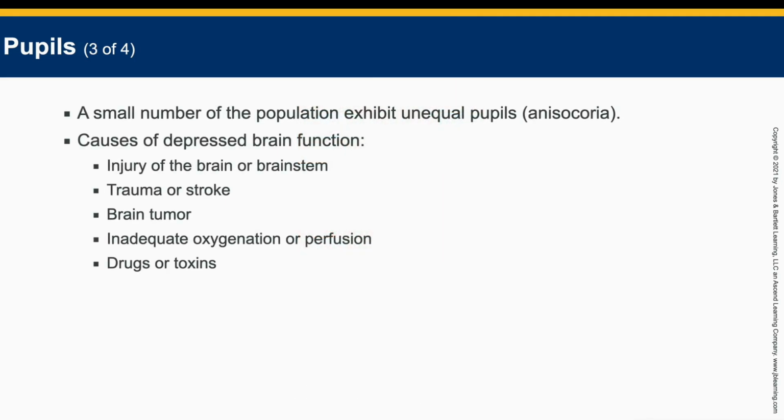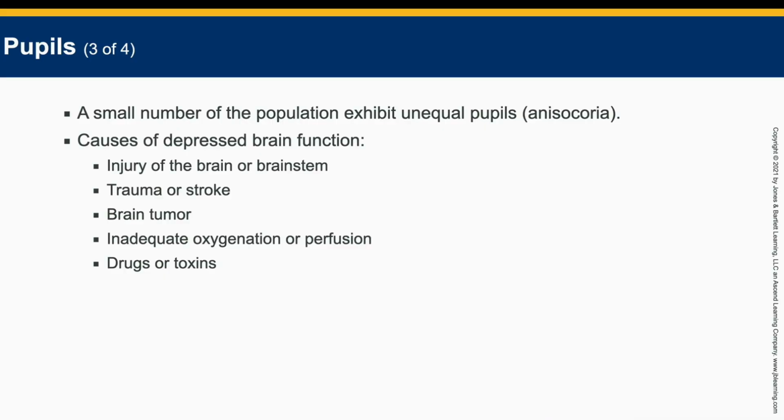While unequal pupils can sometimes be a sign of a serious problem, it's important to know that a small percentage of the population naturally has unequal pupils. In those cases, the difference is normal for that patient and may not indicate an emergency. However, unequal pupils can also be associated with depressed brain function, which is why the finding should be taken seriously during an assessment.